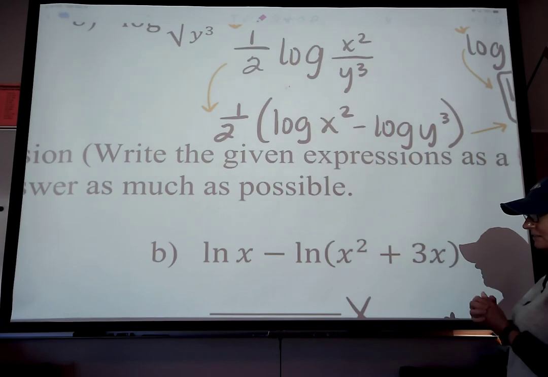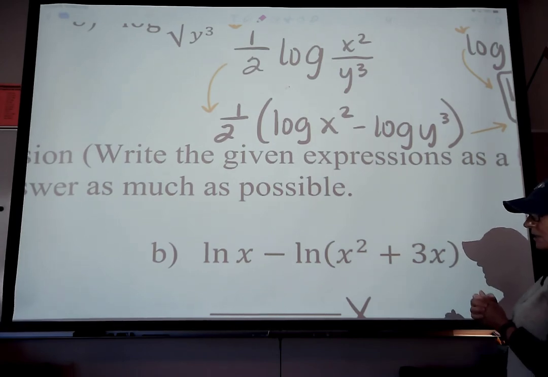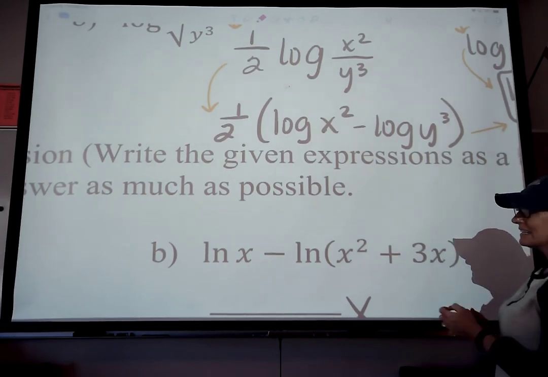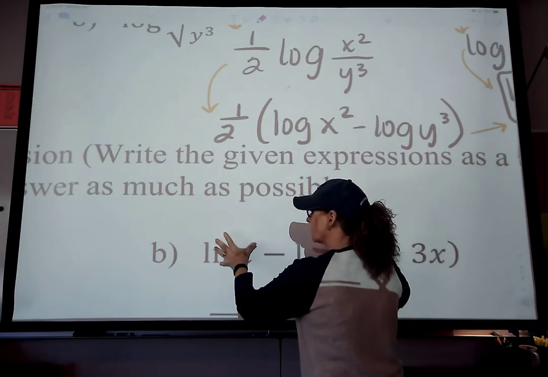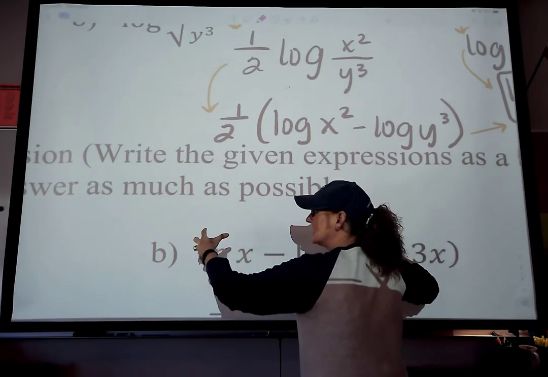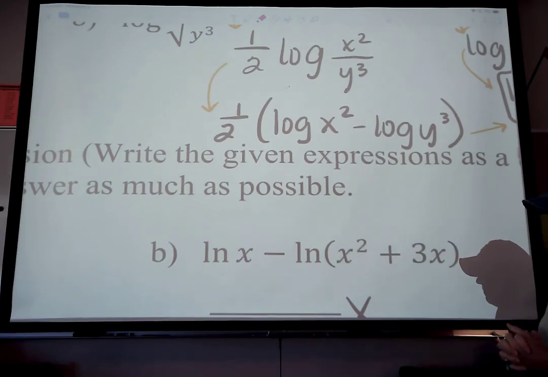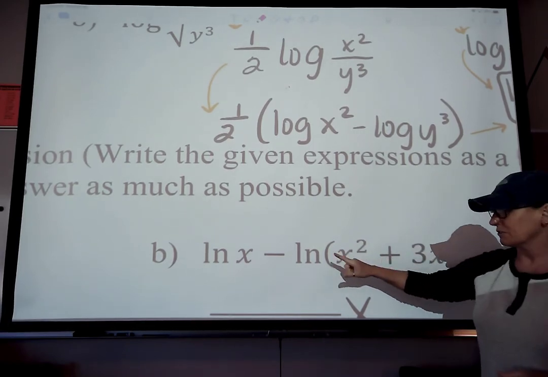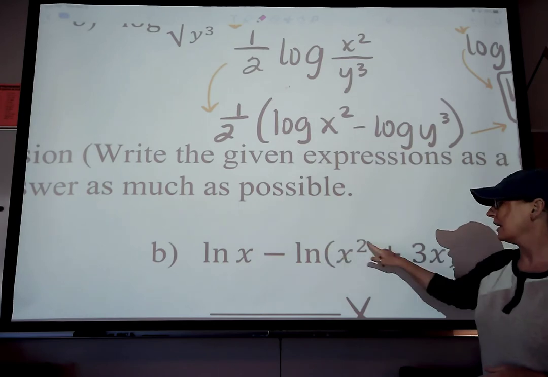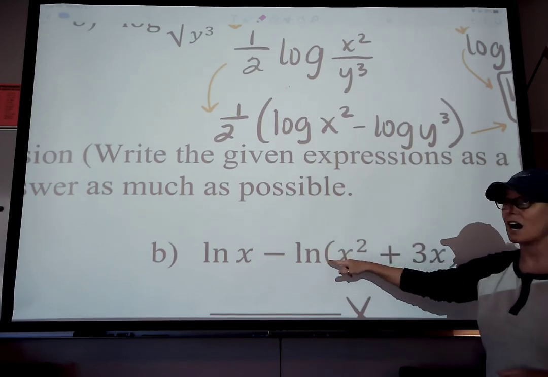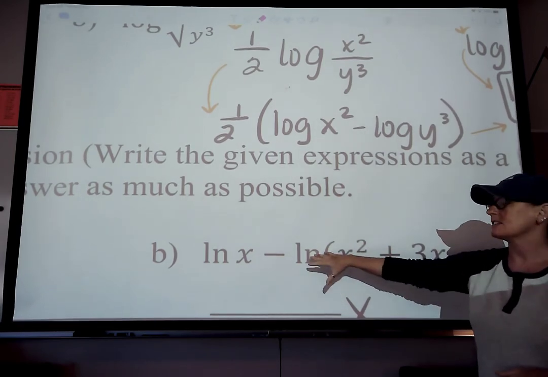I'm going to condense, okay? I can condense two separate logarithms with subtraction. I can condense it using division. First of all, do not distribute ln. This is not ln times the quantity. This is ln.